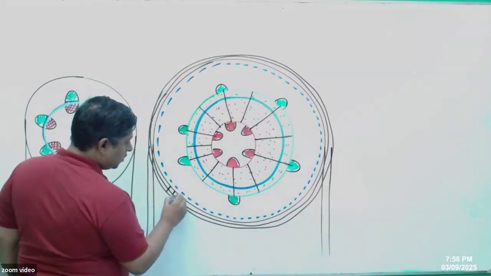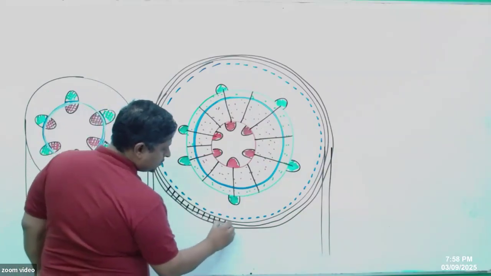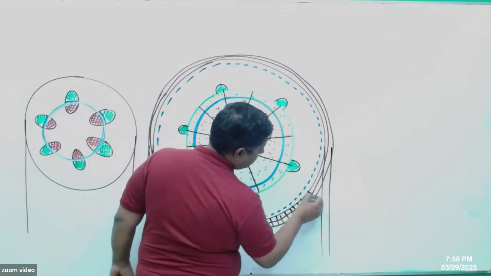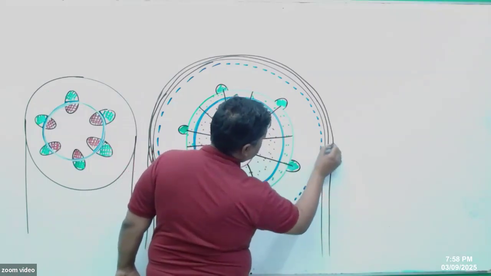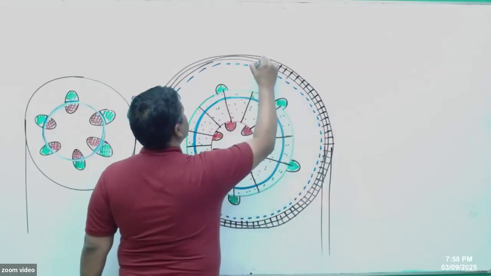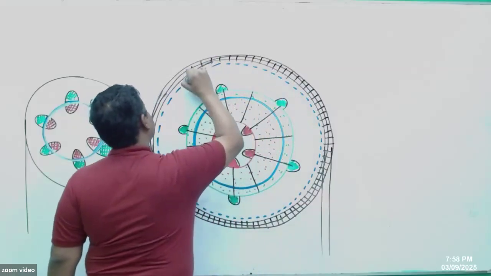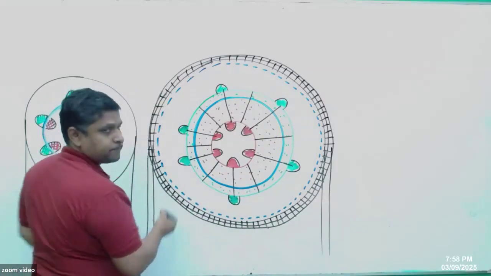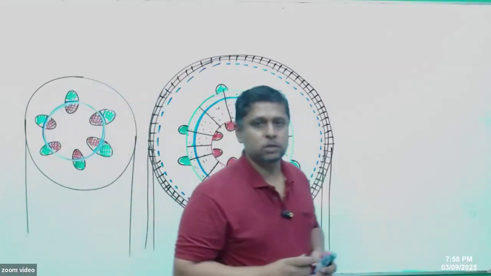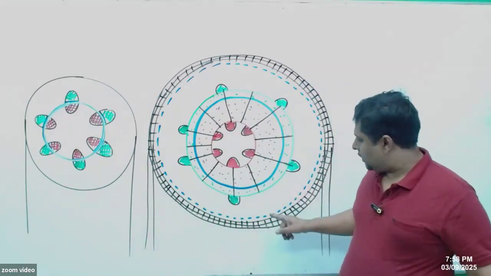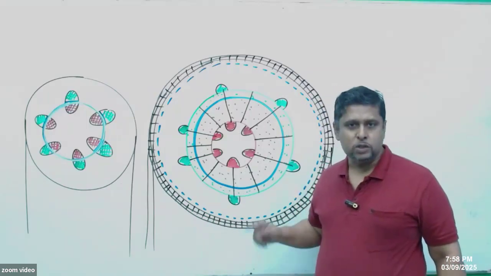These are the cork cells. So who forms these cork cells? Cork cambium forms cork cells towards outside. That's it. This is the secondary growth.